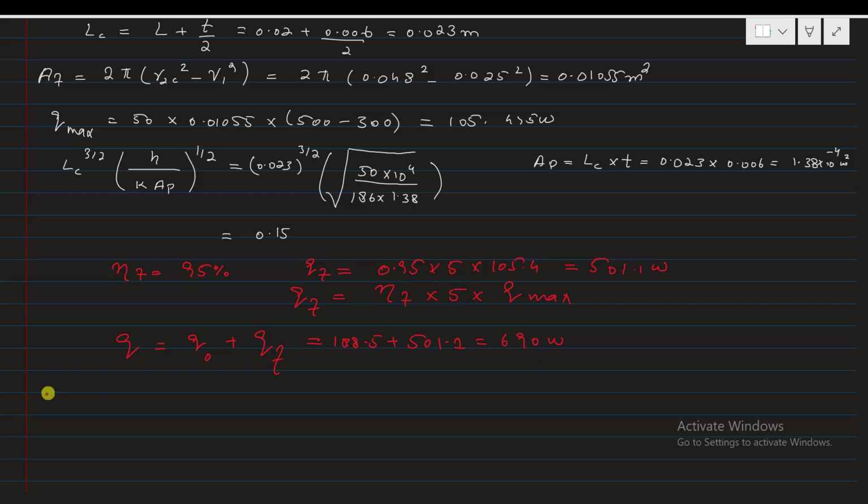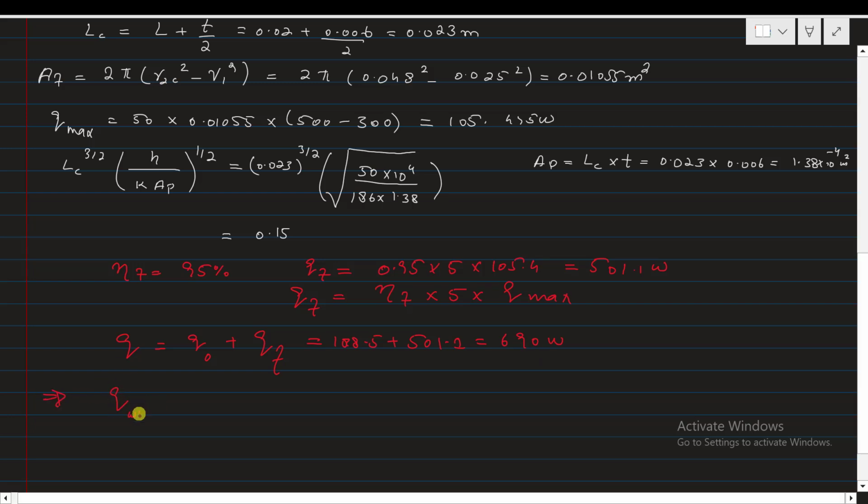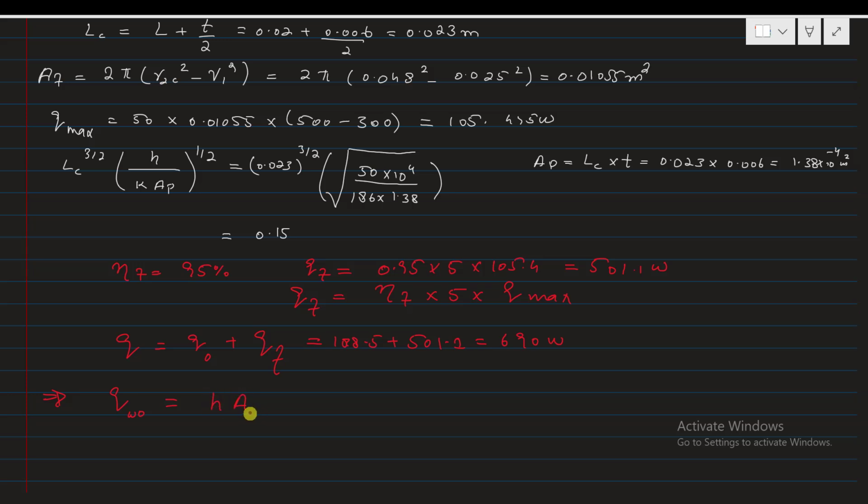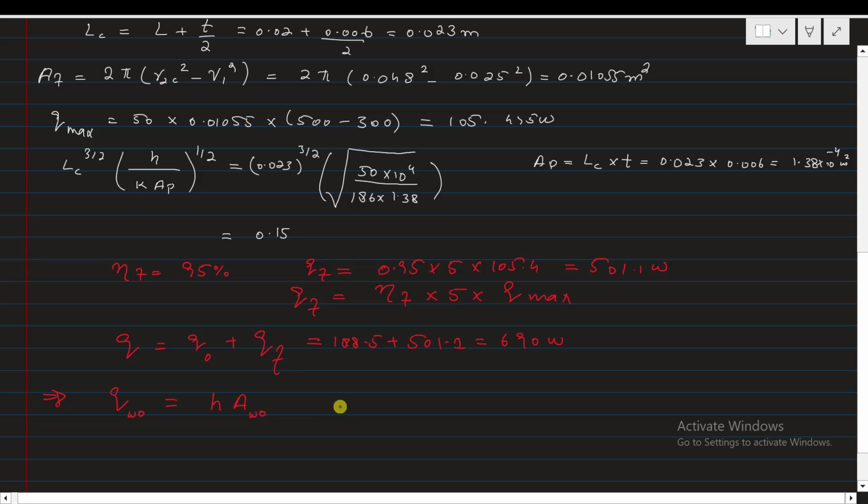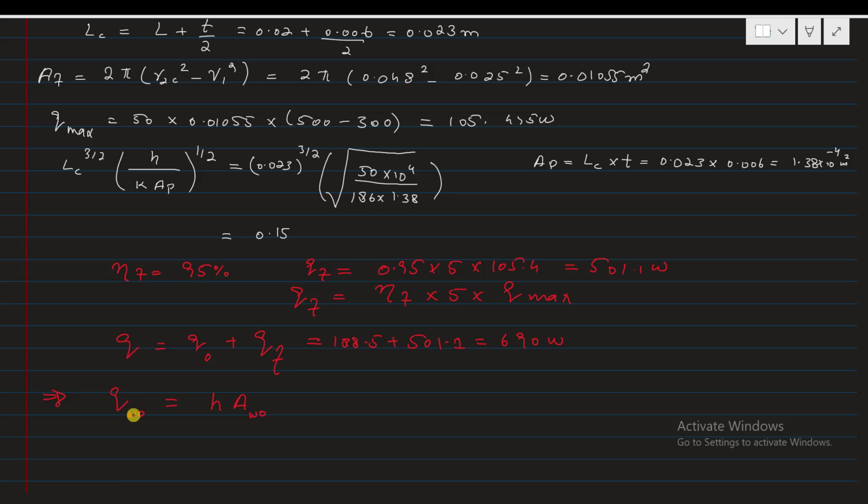The next is the heat transfer without fin. So it will be equal to h A, the surface area without fin. I will denote the heat transfer without fin as Q_w naught, and its corresponding surface area is A_w naught, and it is T_b minus T infinity.